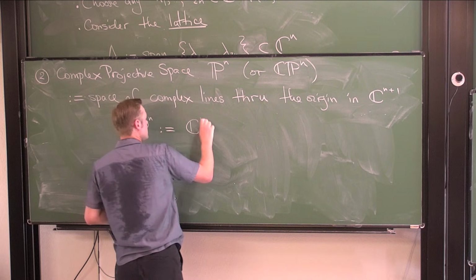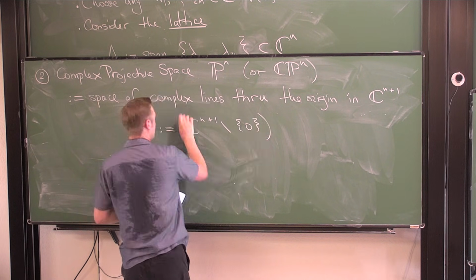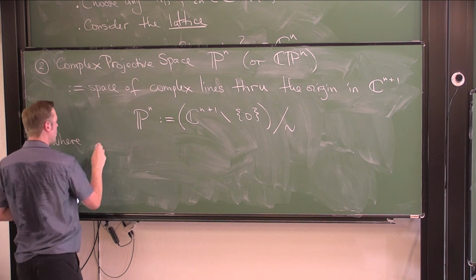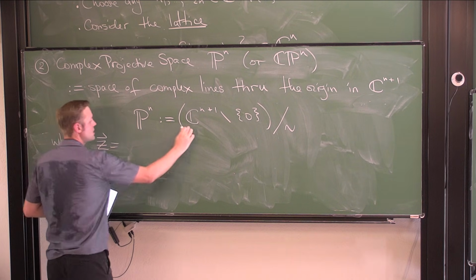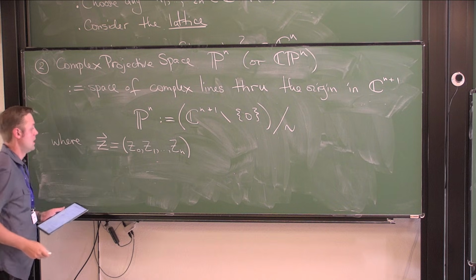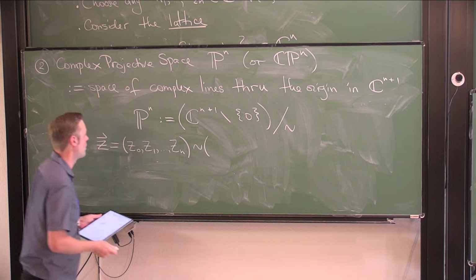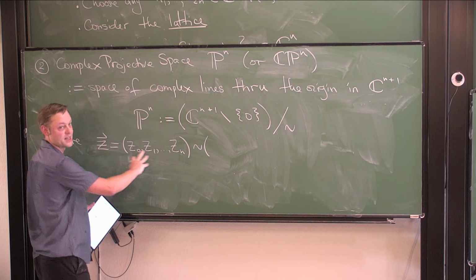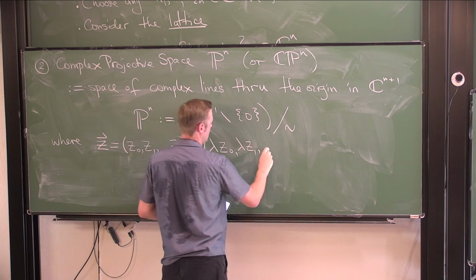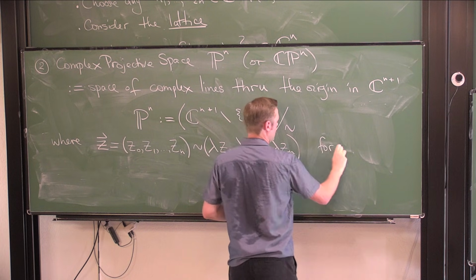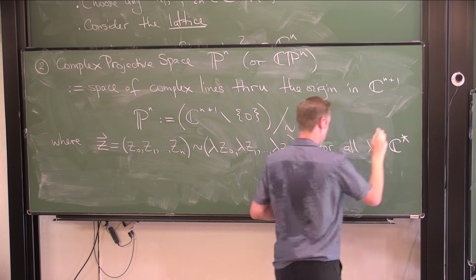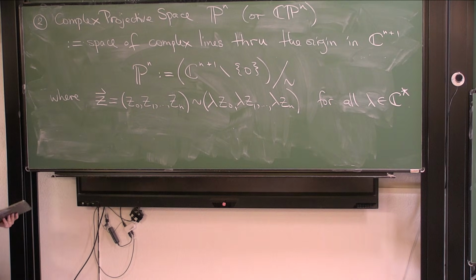So you need to remove the origin and mod out by an equivalence relation where, if I have a point z, a non-zero point in C^(n+1), so it has coordinates z0, z1, up to zn, this is equivalent, this is my definition, to multiplying every single coordinate by a non-zero scalar, which I'll call lambda. So that's the definition.